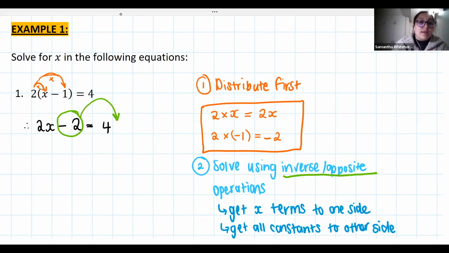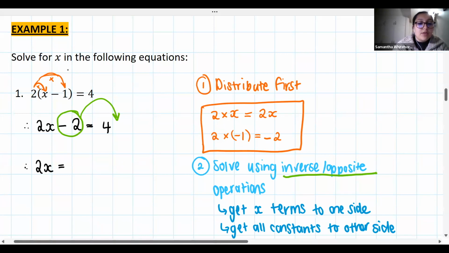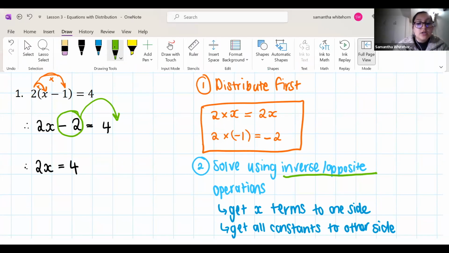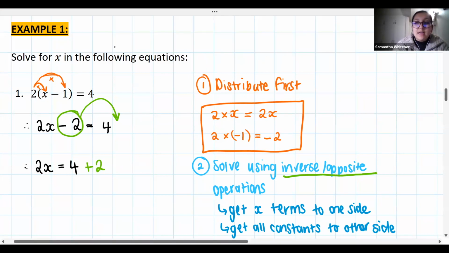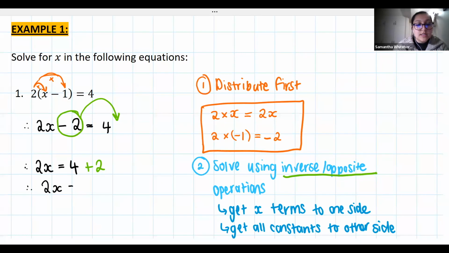So that therefore means that the 2x is going to be left by itself on the left, but now on the right-hand side, you're going to have 4 plus 2, because by bringing that negative 2 over, the sign has changed. We can very easily add 4 and 2, hopefully. That gives us 6.